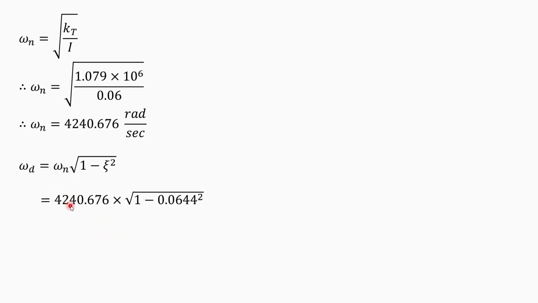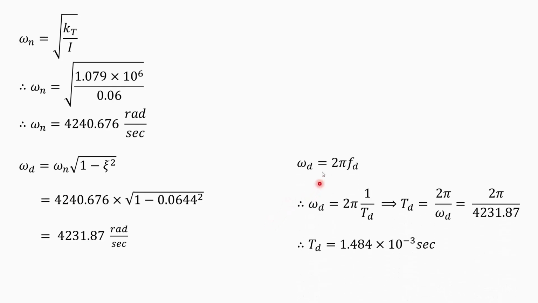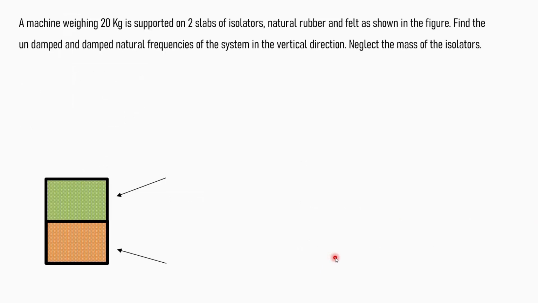Substitute the corresponding values, so that we get omega d equal to 4231.87 radian per second. Now omega d is also equal to 2 pi f, where frequency is 1 upon time period. So cross multiply by time period and transfer omega d to this side, so that we get the value of Td. Substitute the values: 2 pi as it is, omega d is 4231.87. So the value of time period is 1.484 into 10 raised to minus 3 second.